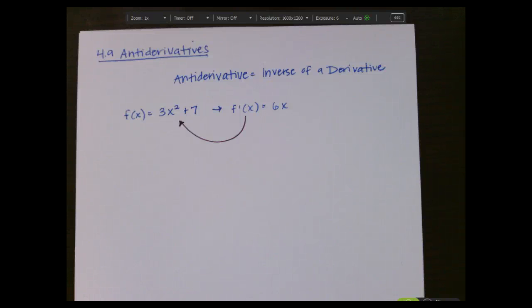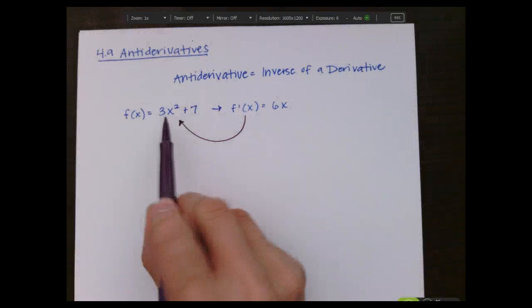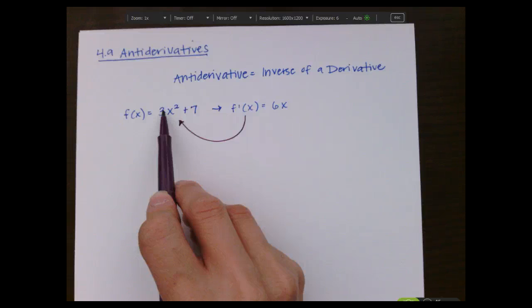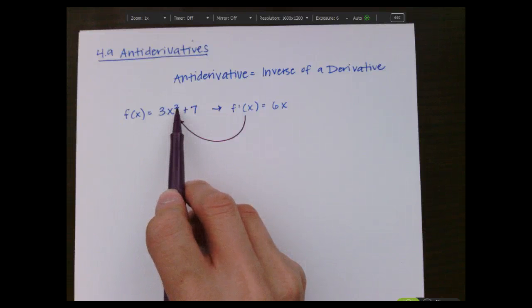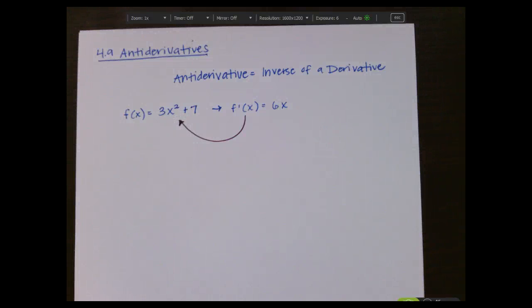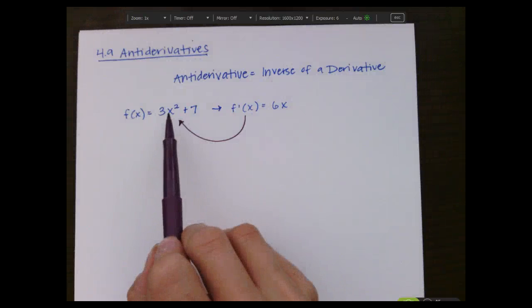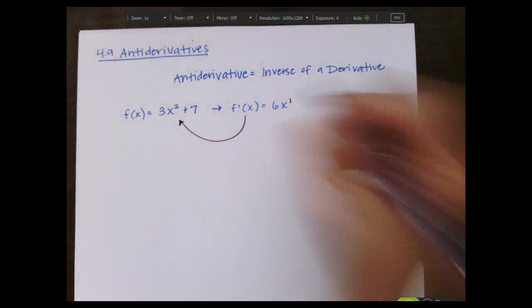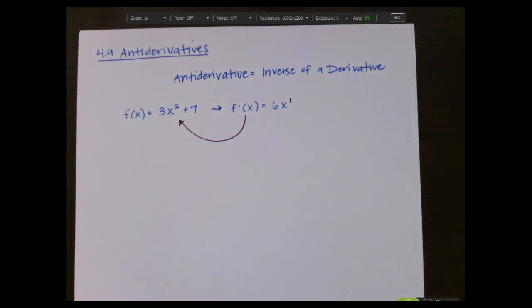So if you think about the power rule and how it works with derivatives, we're taking the 2 and we're multiplying it by 3, and then we're subtracting 1. So when we do an inverse of that, we need to first of all reverse the process and then reverse each operation. So what I'm going to do first is take the exponent of 1 and add 1 to it, and then divide by that.